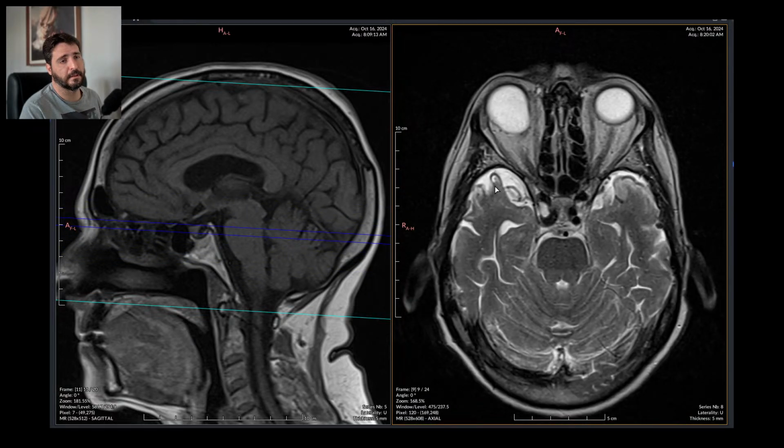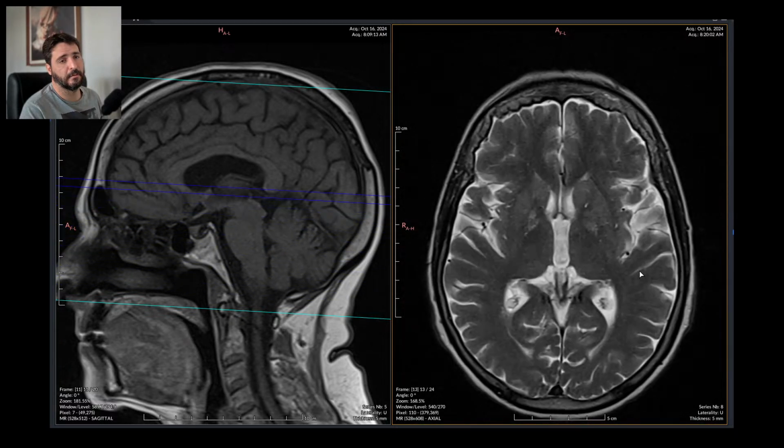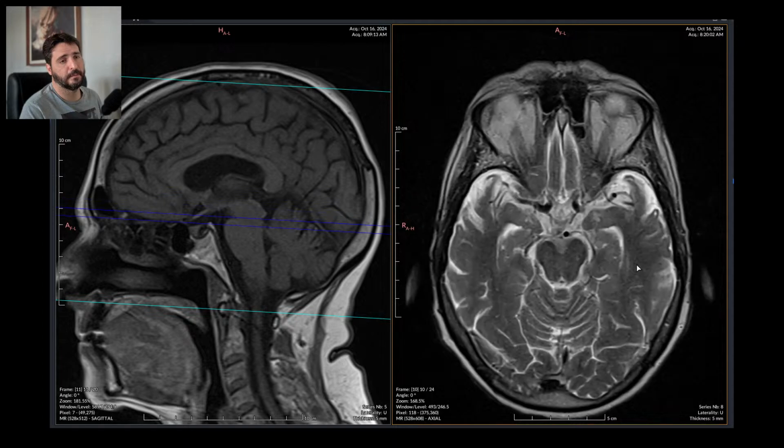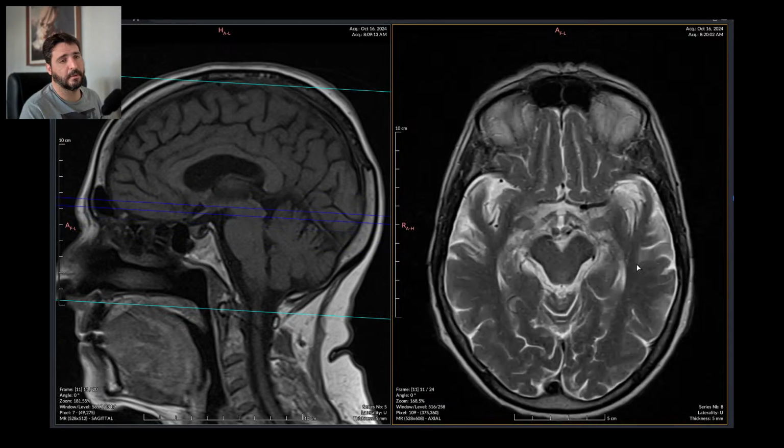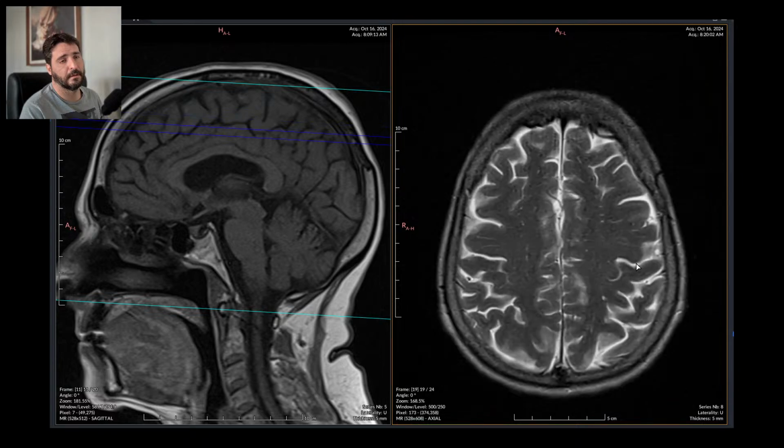Oh, there is some atrophy. Some atrophy of the temporal lobes. Mesial temporal isn't very good.